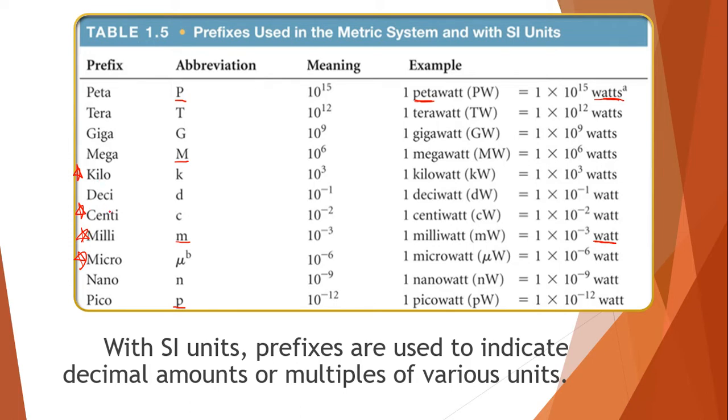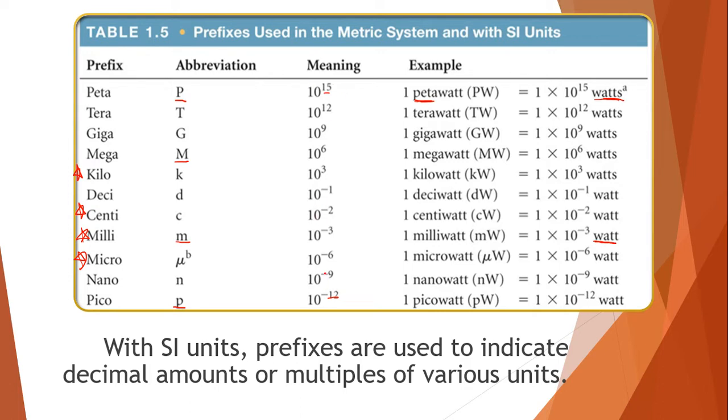I also want to draw attention to the abbreviation. Capitalization matters. Here we have a capital P and it means peta, but here I have a lowercase p and it means pico, and these are completely different numbers. Same with mega versus milli. One's a capital and one's a lowercase, and it's very important to remember which is which.